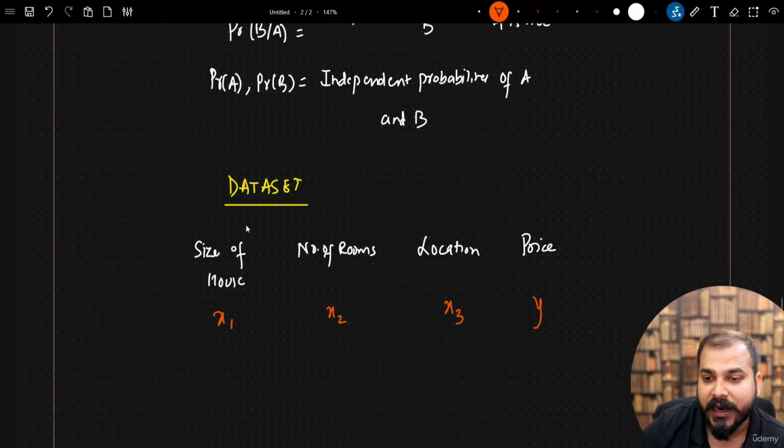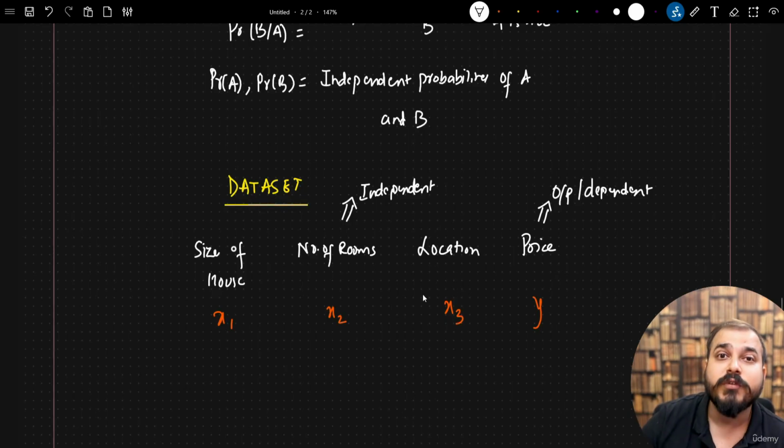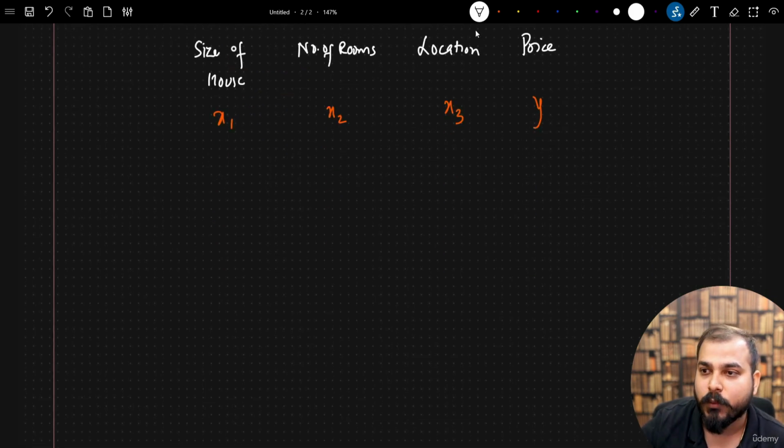These three features, size of the house, number of rooms, and location, are my independent or input features. And this is my output or dependent feature. We can use these three features to predict the price. Now, how can I use Bayes' theorem to predict price? In Bayes' theorem, we will write the equation like this. It is very simple, guys.